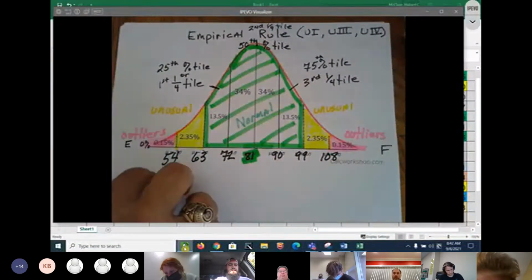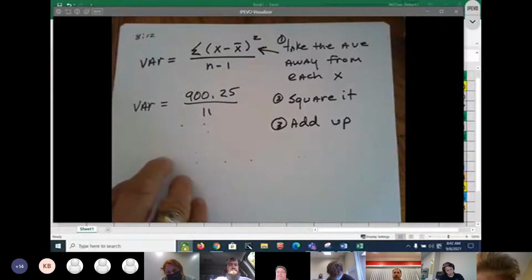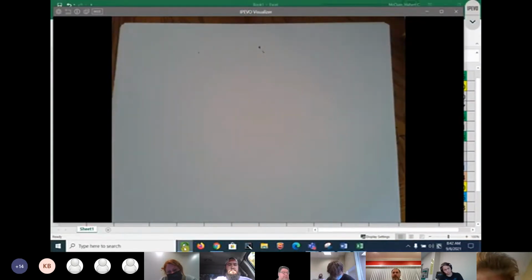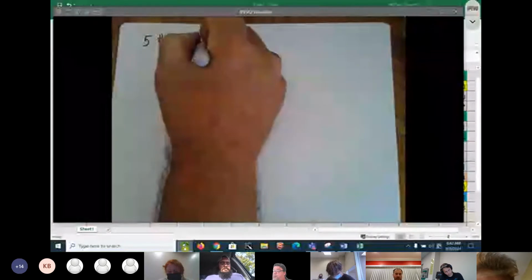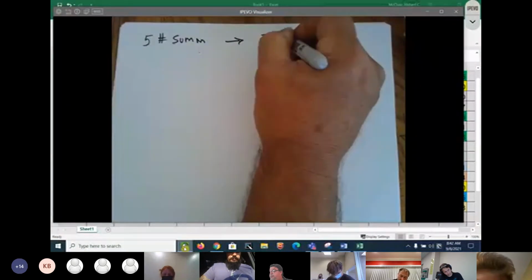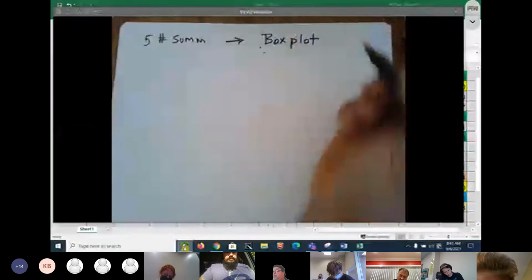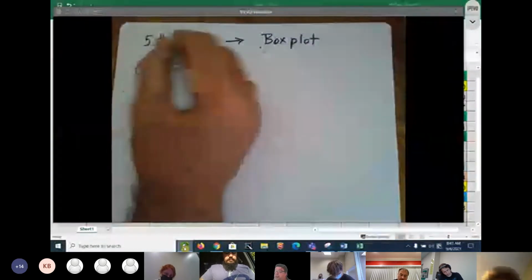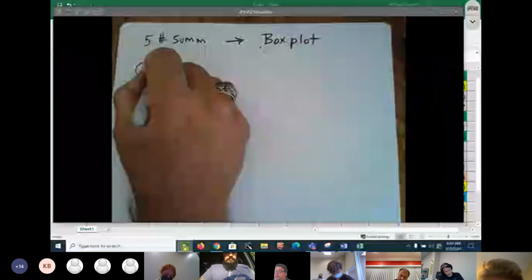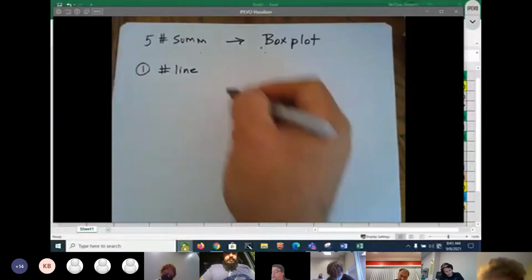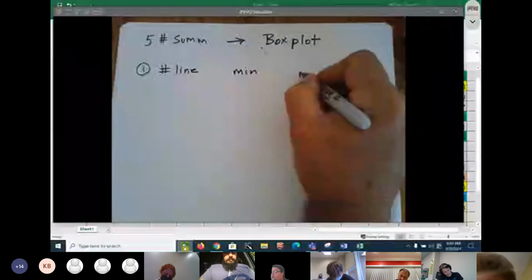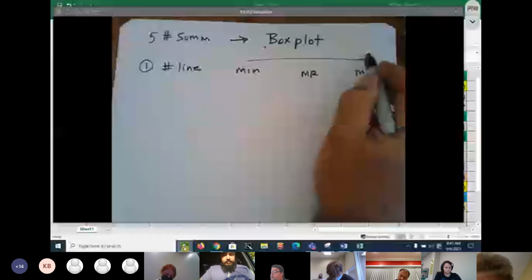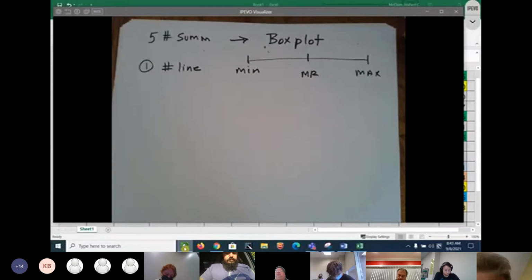Now, what about the 5-number summary? The 5-number summary gives you the box plot. The first thing you do is you draw a number line with the min, the max, and the mid-range.